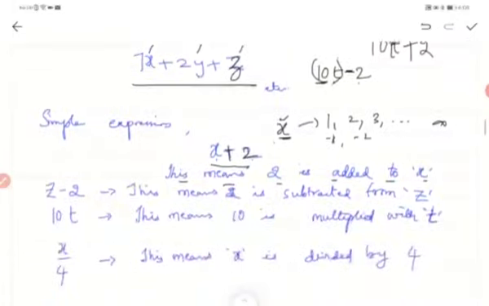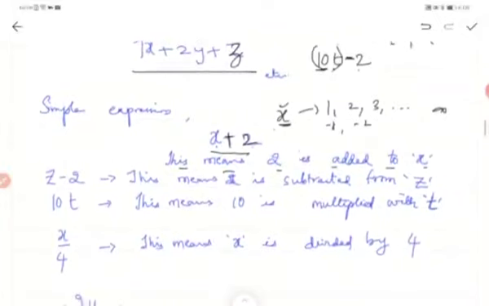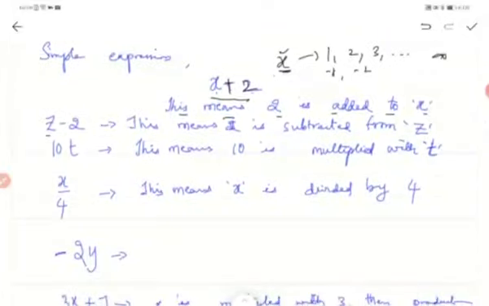So let's see a few more examples. These are all simple expressions. So I have z minus 2. This means that 2 is subtracted from z, or you can say from z I am subtracting 2, or I am taking away 2 from z.